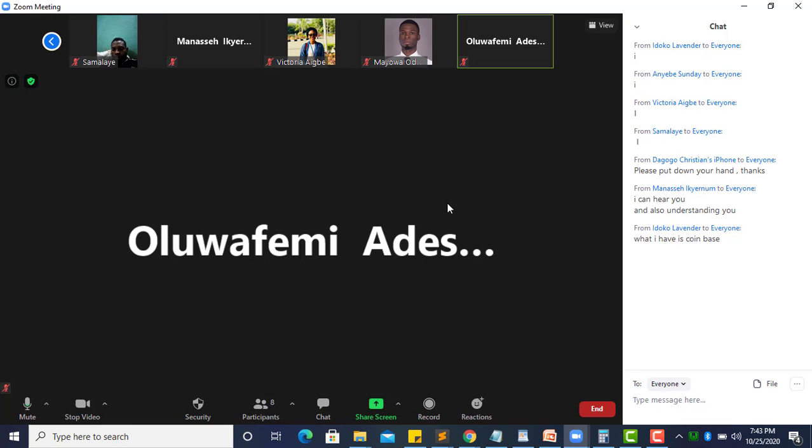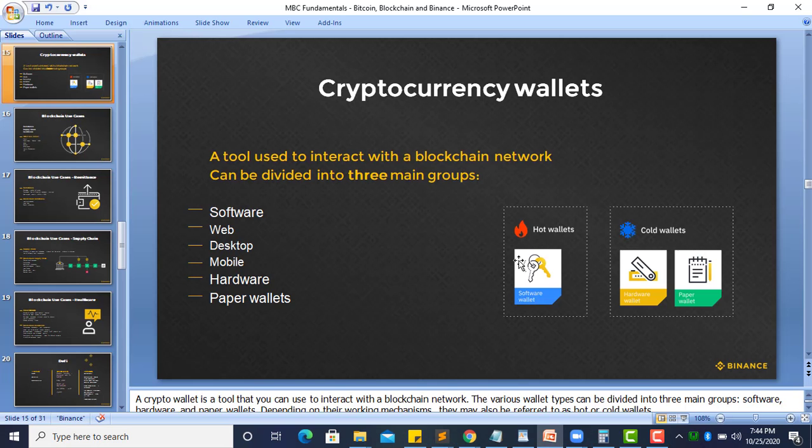That one doesn't need to be connected to the internet. You carry it just like your flash drive. So those are places you can store your Bitcoin, your Ethereum, and some other cryptocurrencies. So let's go on. We are about to round up, just a few minutes remaining. So that is wallet.